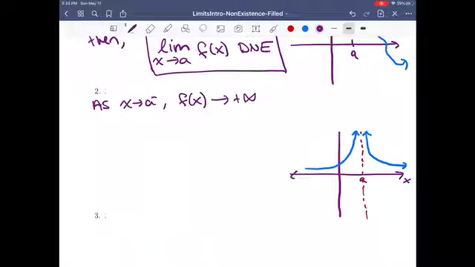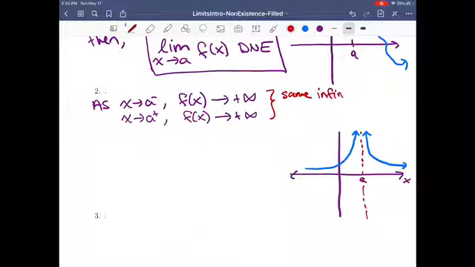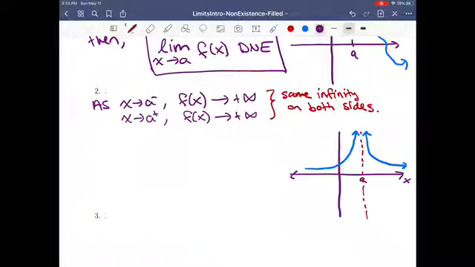And as x approaches A from the right, our function also approaches positive infinity. It doesn't have to be positive infinity, I just wrote what matches the picture. So I'm just going to write same infinity on both sides. They could both be approaching negative infinity.